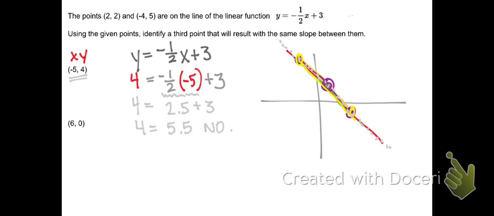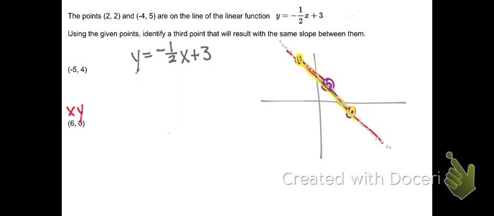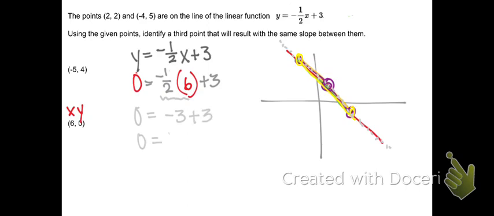So let's test out the next one. So we're going to put 0 in for y and 6 in for x. Is this true? Well, on the left side we have 0. On the right side, -1/2 times 6 is -3. So we have -3 plus 3. And -3 plus 3 is 0. 0 equals 0.